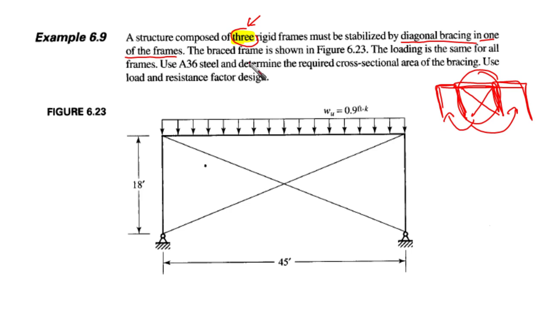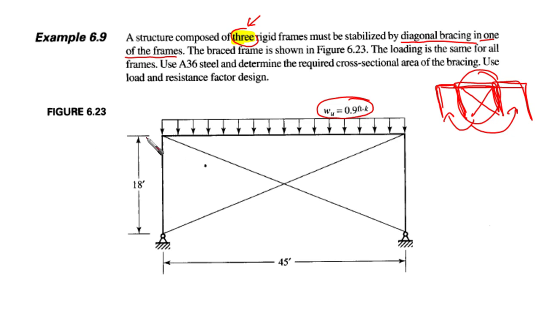The braced frame is shown in this figure, as you can see here. The height is 18 feet, and the span width is 45 feet. We have gravity loading only, which is 0.9 kips per foot.